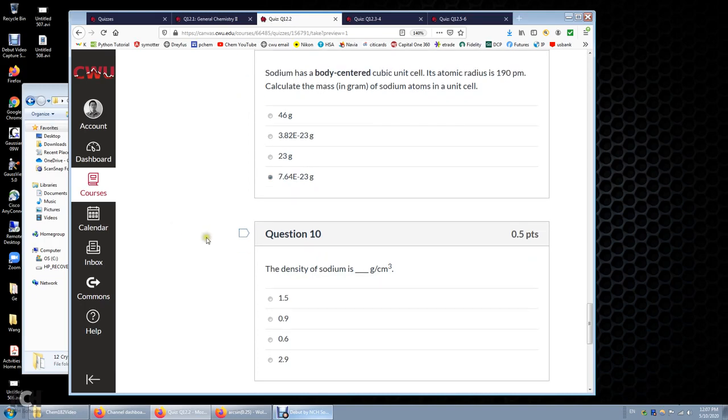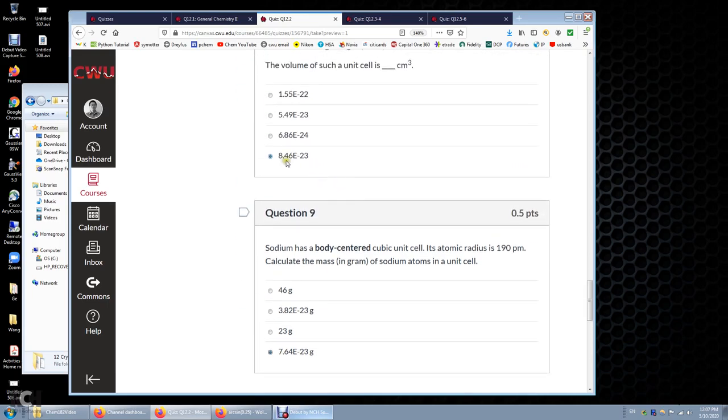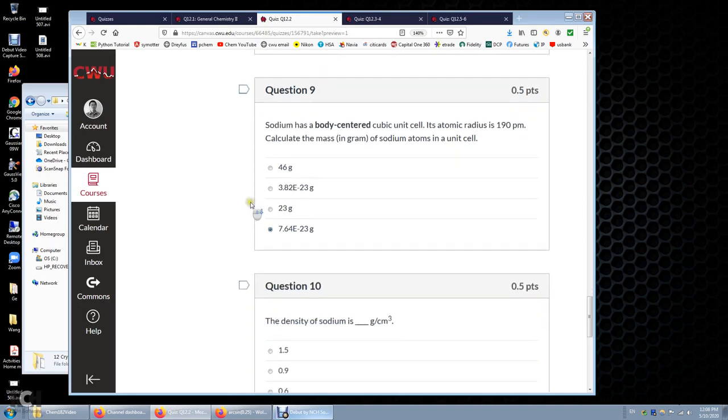The density of sodium, in this case, this is the mass of 1 cubic unit cell, and that's the volume of 1 cubic unit cell. So this number divided by this number in cubic centimeters. I think the result is going to be roughly 0.9, because this number is smaller than this number by a small amount. These two cancel. So 0.9 grams per cubic centimeter.